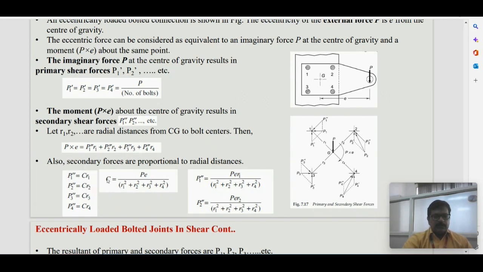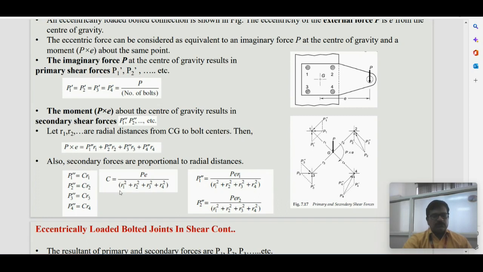C can be calculated from P into E equal to the sum of the forces times their distances. Here P1 double dash, P2 double dash, etc. are replaced by CR1, CR2, etc., and with the existing R1 we get CR1 into R1, that is R1 square, then R2 square, R3 square, R4 square.